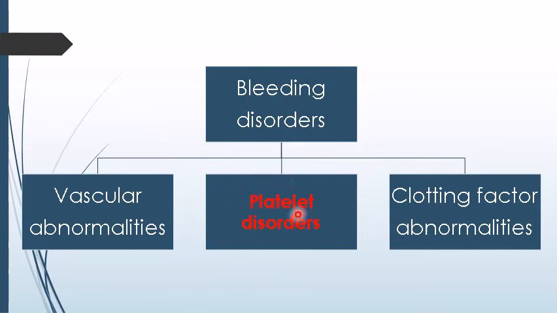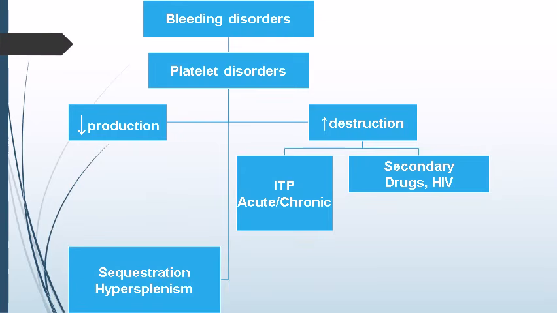tendency. The second major cause of bleeding tendency that we'll deal with in this lecture is platelet disorders. Bleeding tendencies because of platelet disorders can be classified into two major diseases.